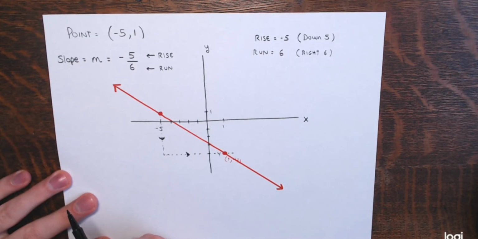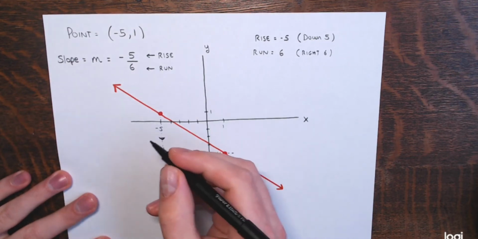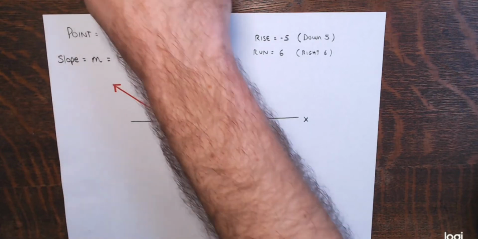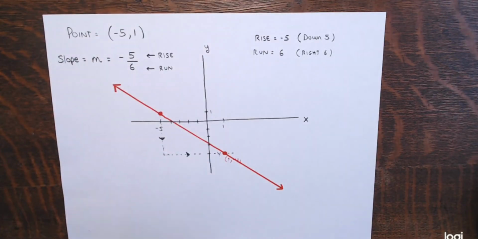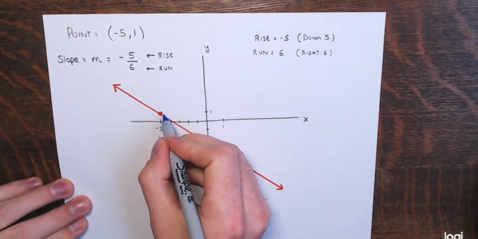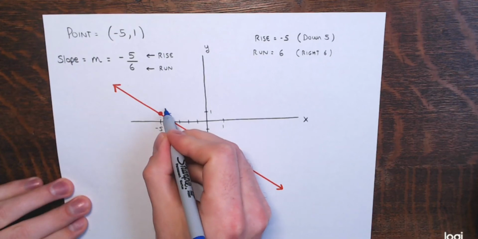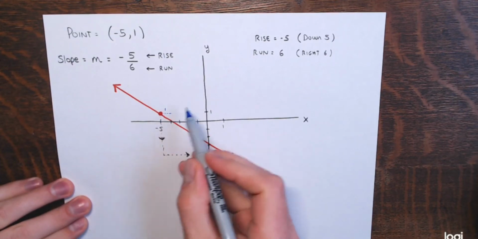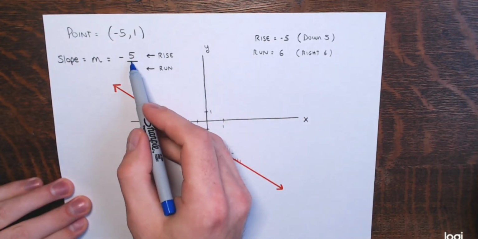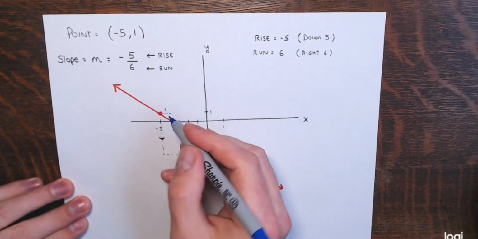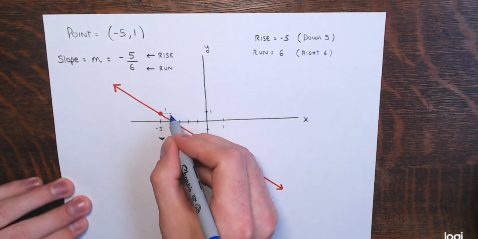And it doesn't have to be 5 and 6 either. I could also do this. I wouldn't recommend it, but if I go to the right just 1 unit, if the run was 1, the rise would have to be negative 5/6. So I go down 5/6.